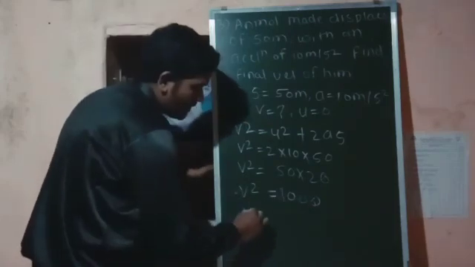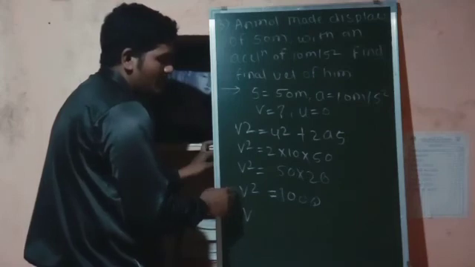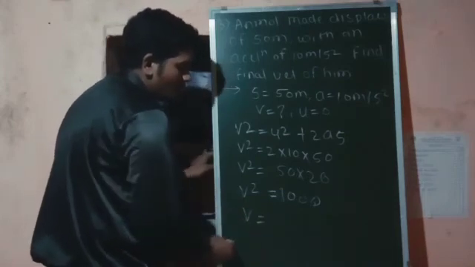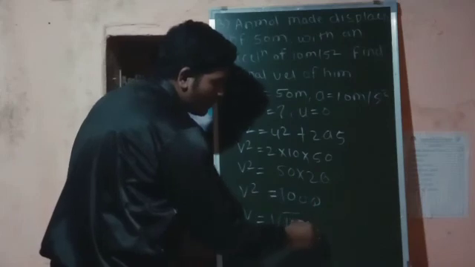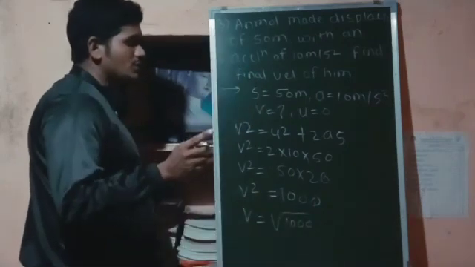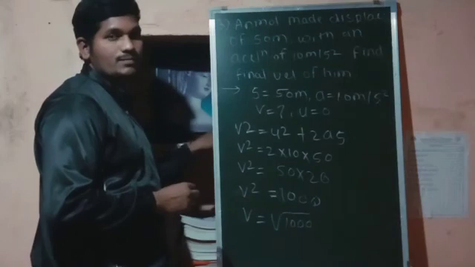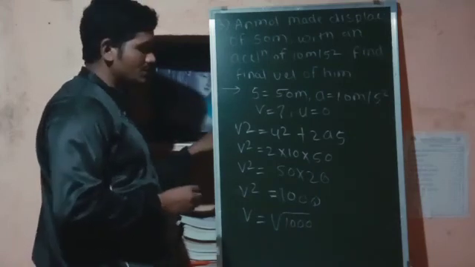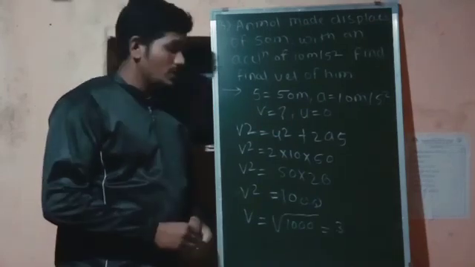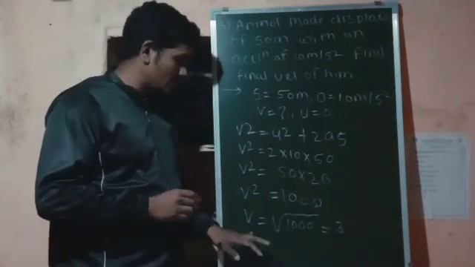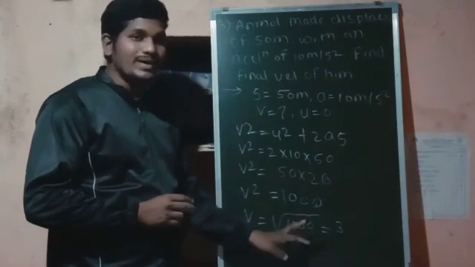Now we have to find out the value of v. So v will be root of 1000. You can just keep it as it is, so it is okay if you are keeping this value in the square root.